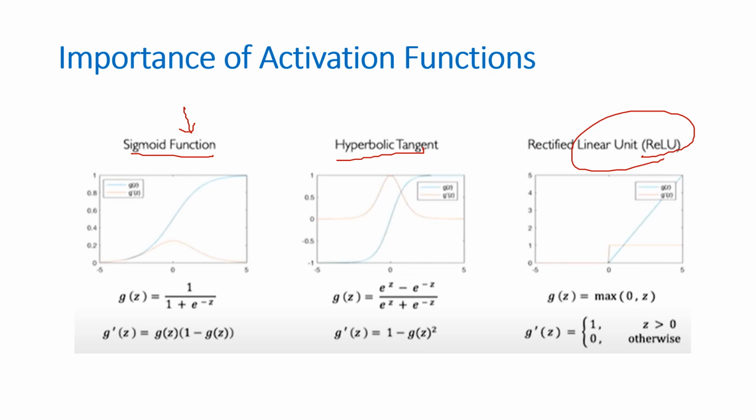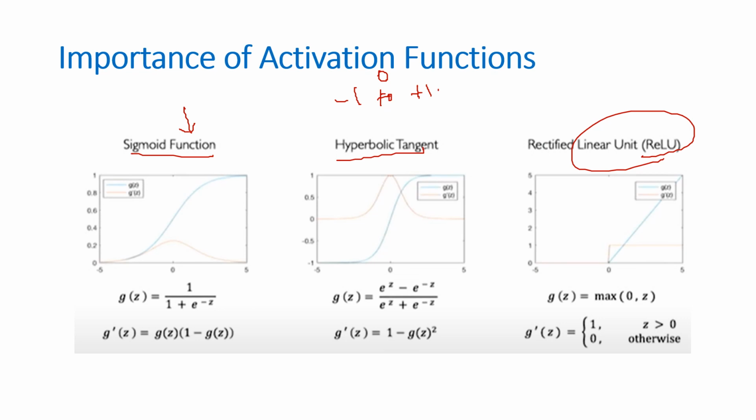But its generalized version, softmax, is used in the output layer when we do a classification or prediction task. And while sigmoid can squeeze values between 0 and 1, hyperbolic tangent can squeeze the values between minus 1 and plus 1, so it is centered at 0. That is the nature of hyperbolic tangent. They're all mathematical functions.